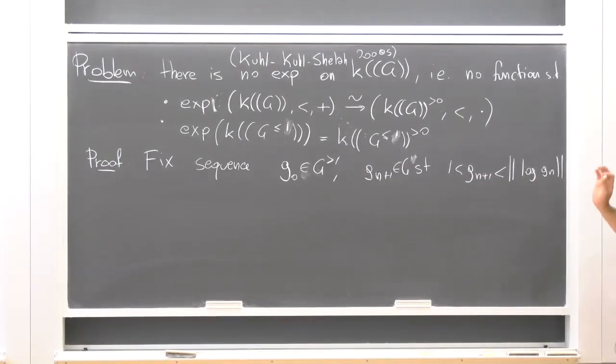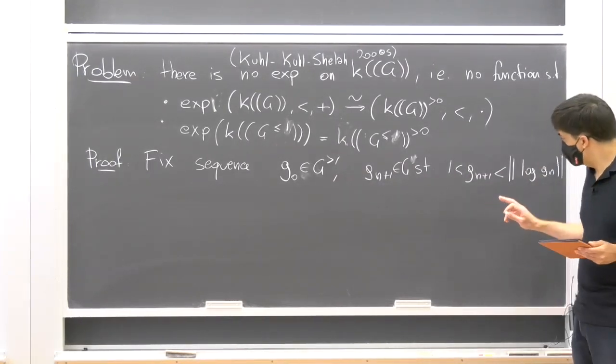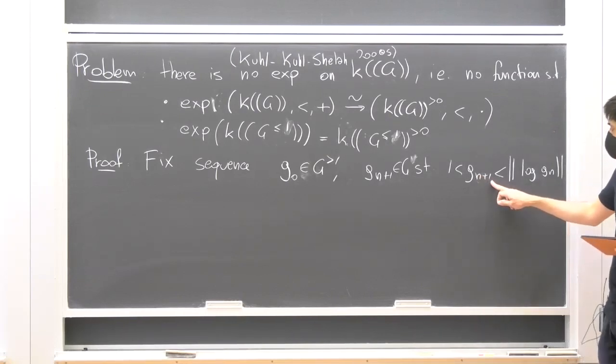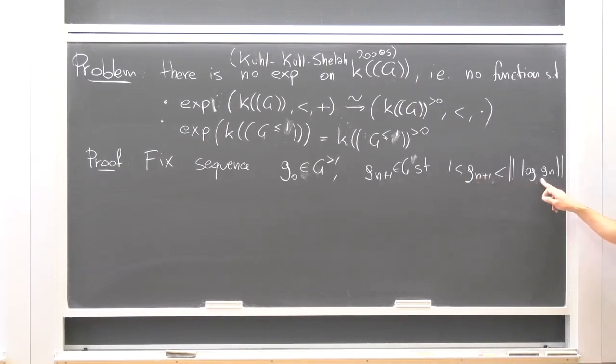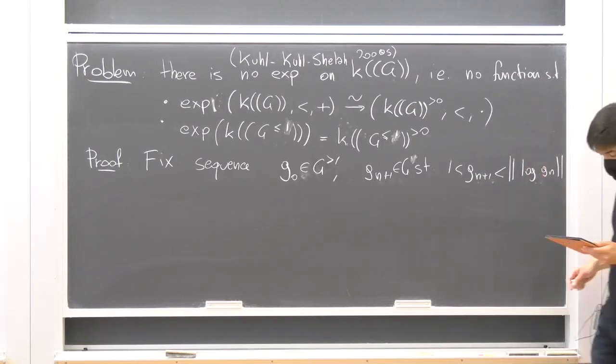I'm not saying it's decreasing necessarily, but I just want g_{n+1} to be no more than the log of g_n, and not just of the log of g_n, but of the leading monomial, the first monomial appearing in this series.